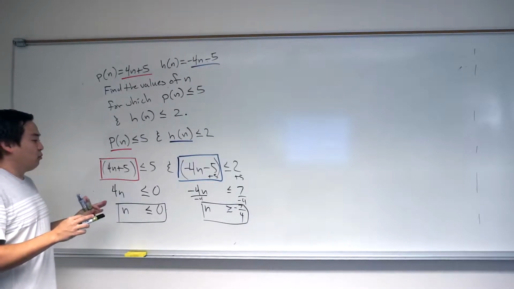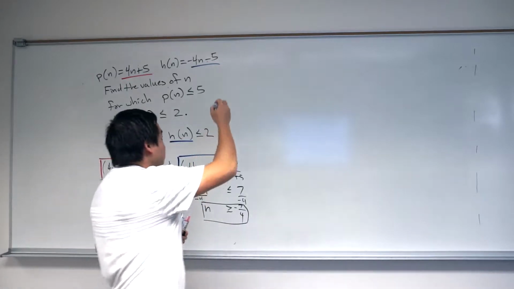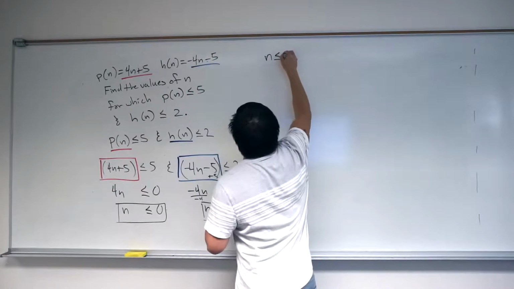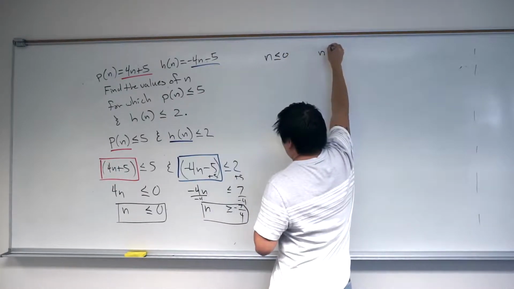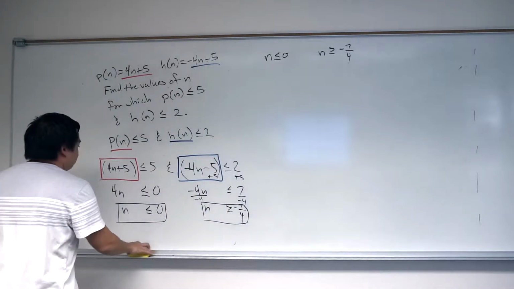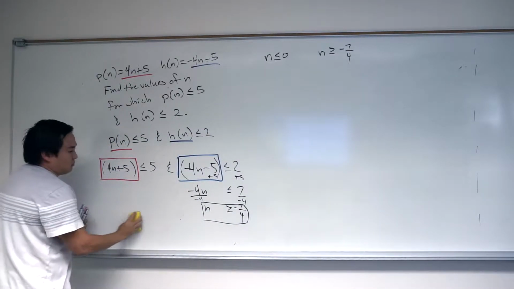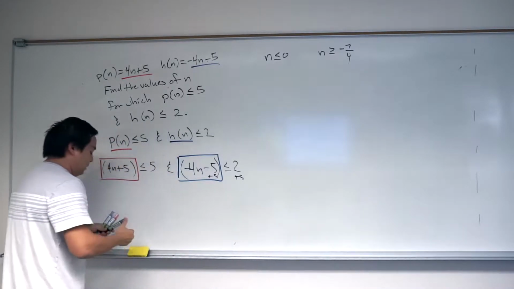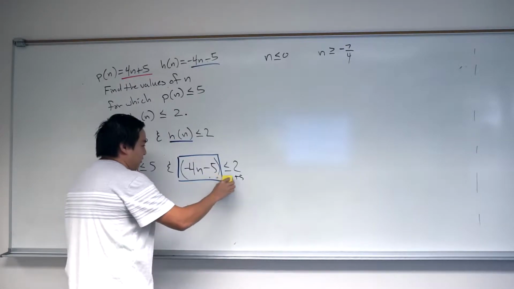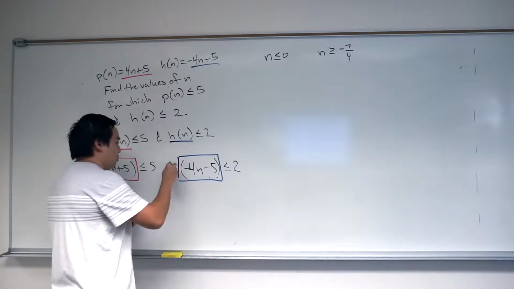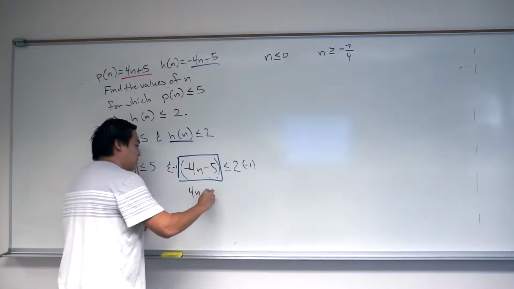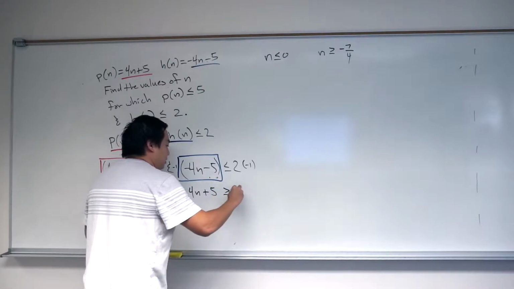Now, before we actually move on, let me write this on the top first, and then I'm going to show you that you can do this another way. So notice on this right-hand side, if I multiply both sides by -1, we get 4n plus 5 is greater than or equal to 2.